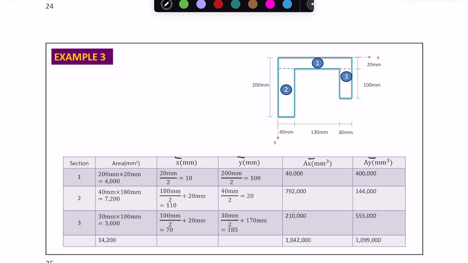According to the table as shown, I finally get the total of AX bar 1,042,000 and the value of AY bar 1,099,000.